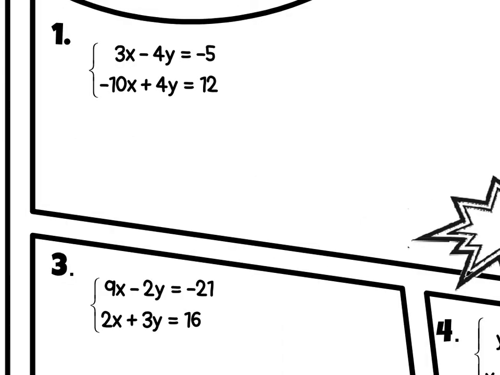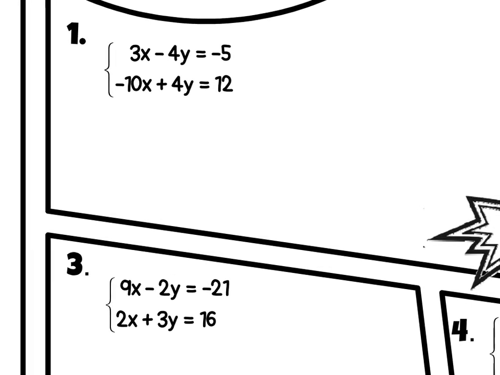So with the elimination method, we're adding the two equations. So I'm going to draw a line right here. And I'm going to go ahead and add. Why? Because these two are going to be eliminated. These two will be eliminated. Okay?